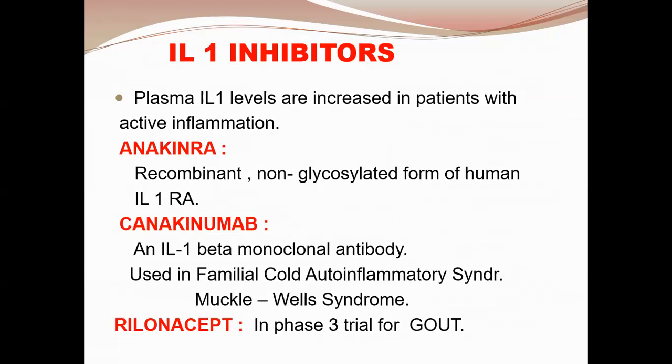Okay, then we have canakinumab. This canakinumab is an interleukin-1 beta monoclonal antibody which is used in familial cold autoinflammatory syndrome and Muckle-Wells syndrome. That is, canakinumab is used in 2 conditions, familial cold autoinflammatory syndrome and Muckle-Wells syndrome.